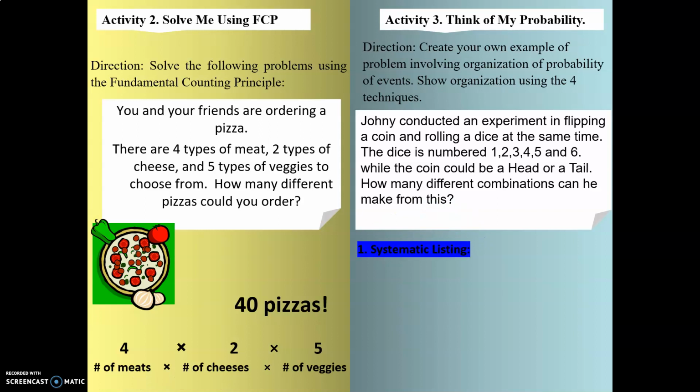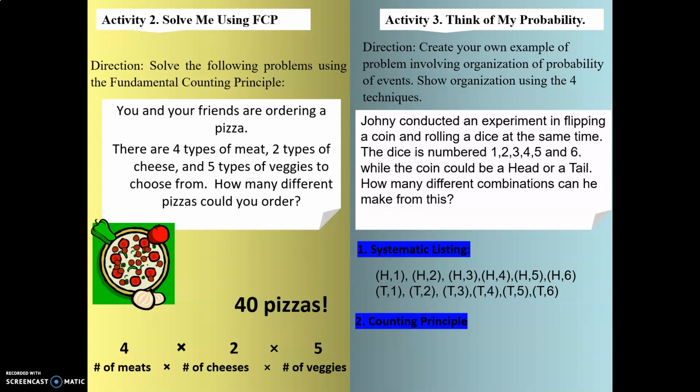So let's make use of the systematic listing first. So upon rolling a dice and flipping a coin at the same time, we could see a head and 1 from the dice, head from the coin, 2 from the dice, tail from the coin, 1 from the dice, until tail from the coin and 6 from the dice. So there are 12.